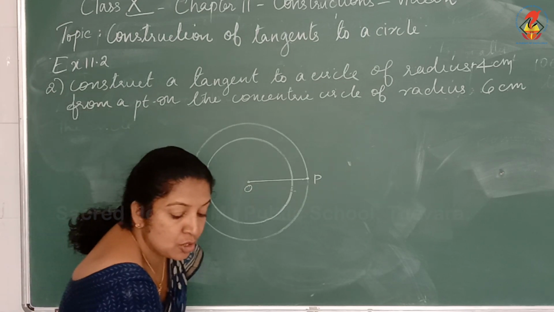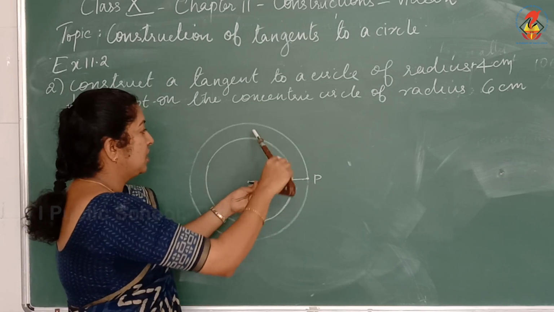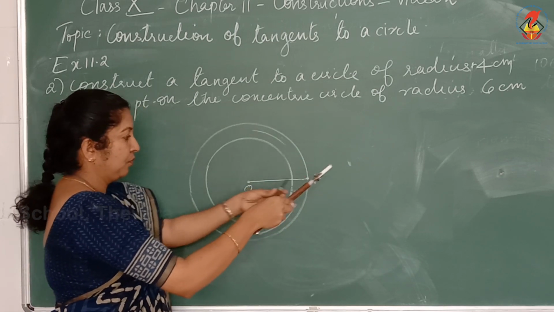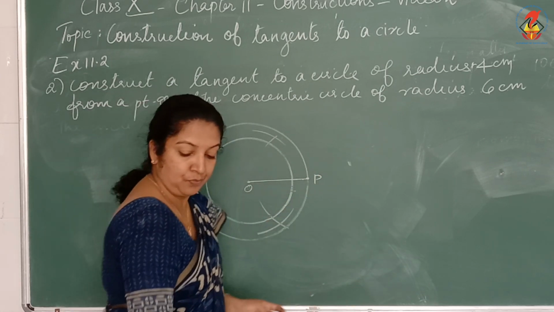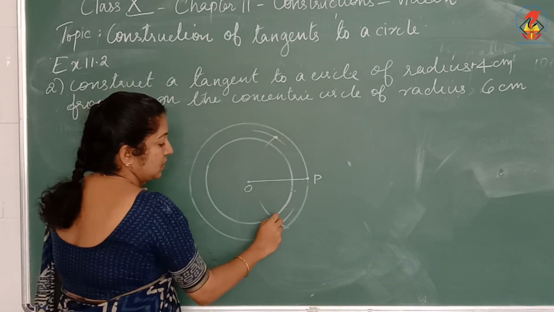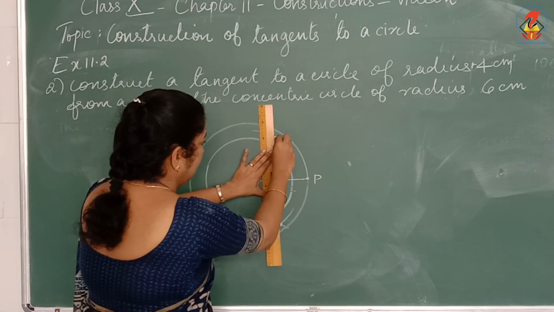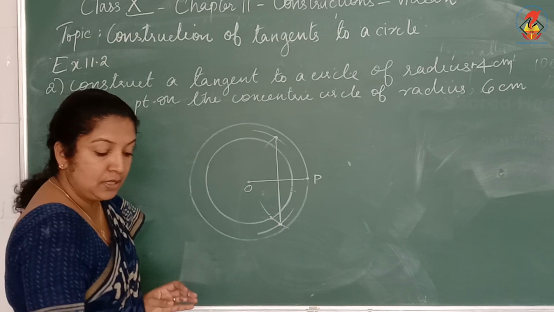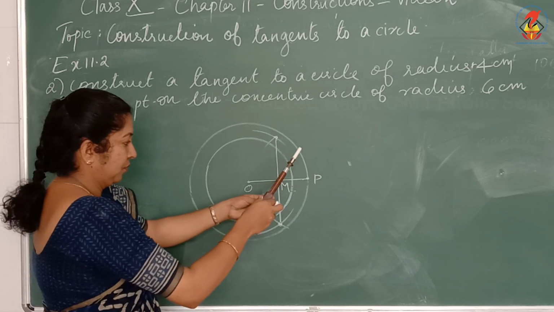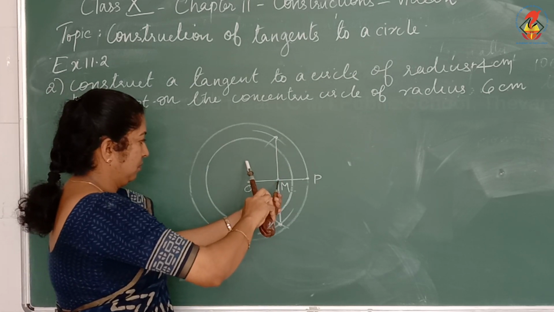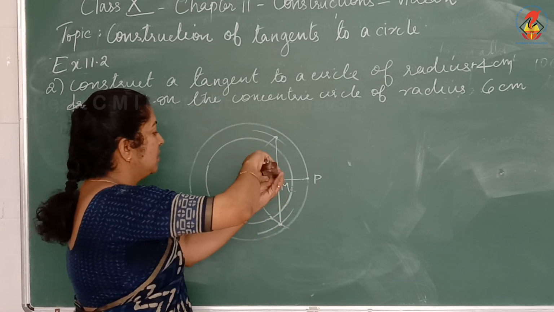Clearly we have to draw the perpendicular bisector of OP. Mark these points and join these two. Take this as the center M, and with OM or MP as a radius, draw a circle.